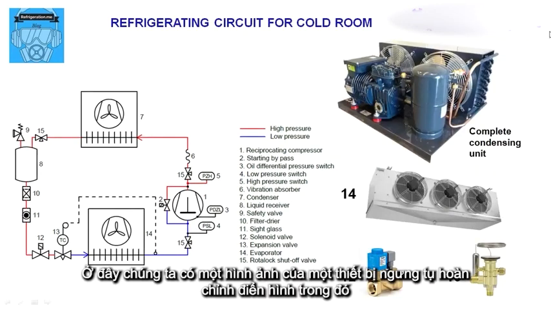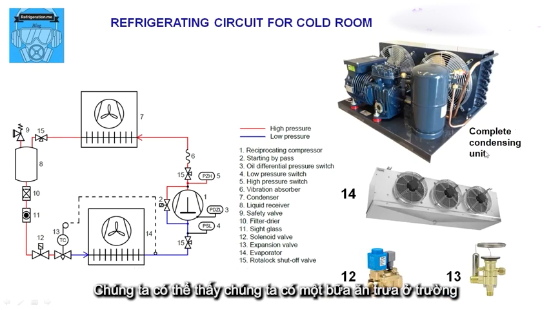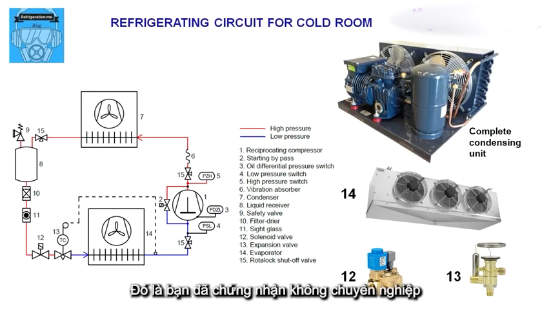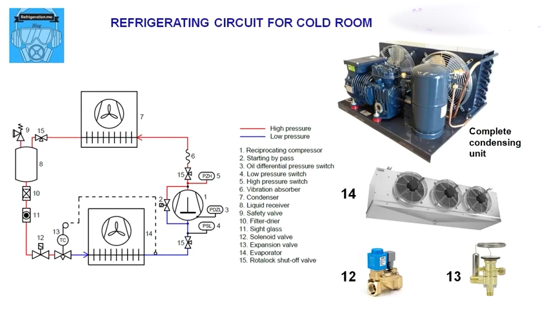Here we have a picture of a typical complete condensing unit, in which we can see we have a steel bench with all these components we have spoken about totally installed. This condensing unit is more expensive than if you install your components yourself, but you have a certified and professional unit, and you save a lot of time.